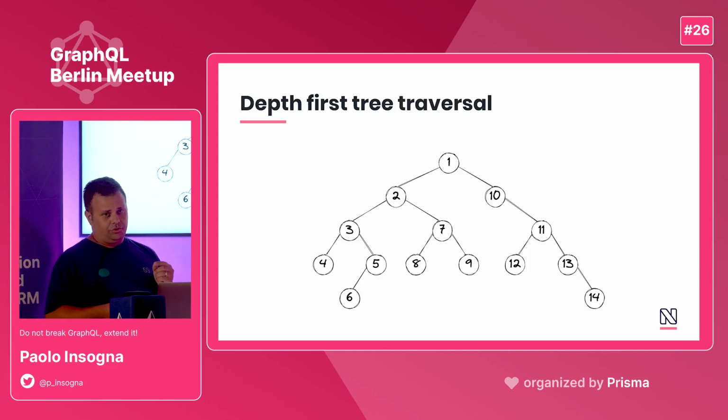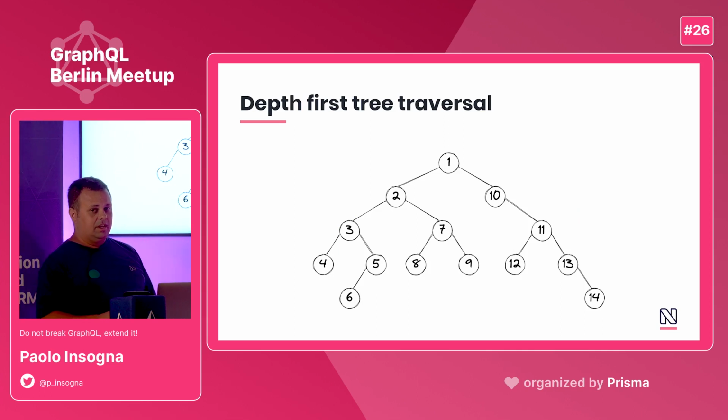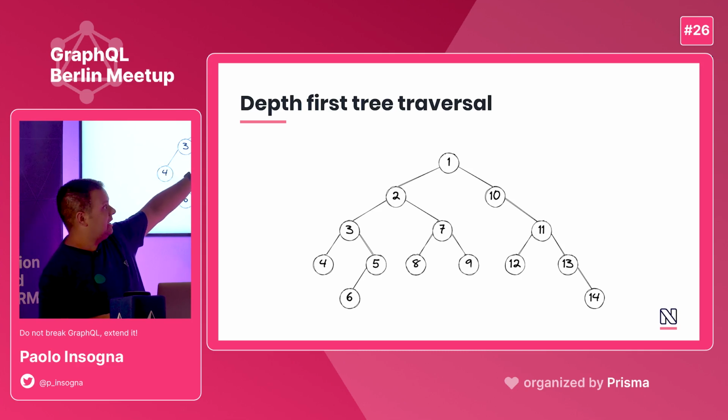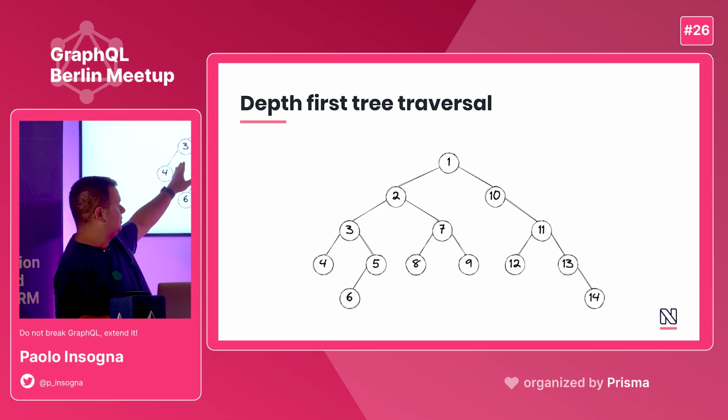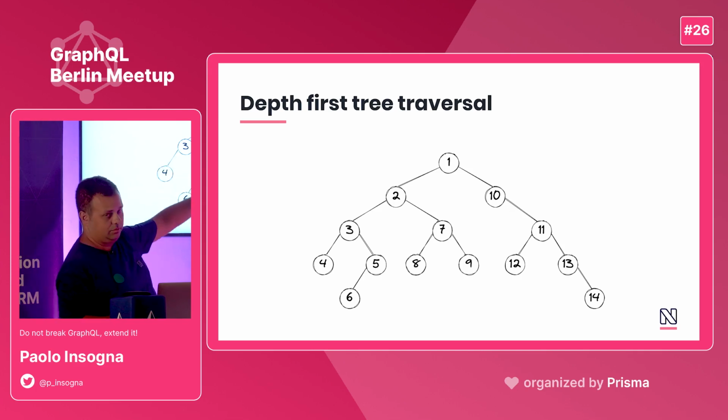One last thing before showing you the code is to very briefly explain how a depth-first tree traversal algorithm works. If you have a complex object, a depth-first tree traversal starts from the root and goes down until there is a leaf node, and then eventually goes up until all the siblings of a parent node are visited, and so forth.